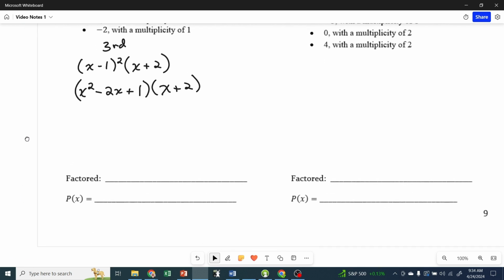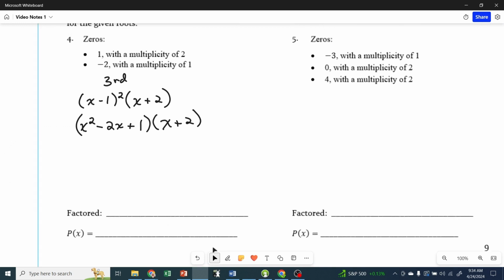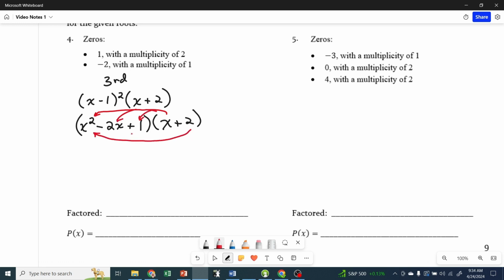I'm going to multiply this like so, and 2 by this way, and then we'll combine our like terms. So x times x squared is x cubed, x times negative 2x is negative 2x squared, plus x. 2 times x squared is 2x squared, plus 2x.